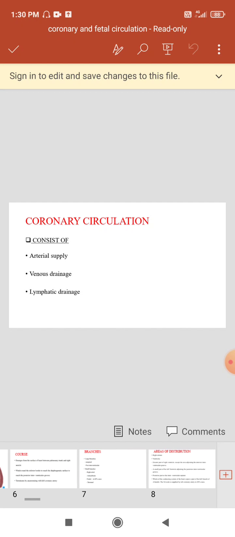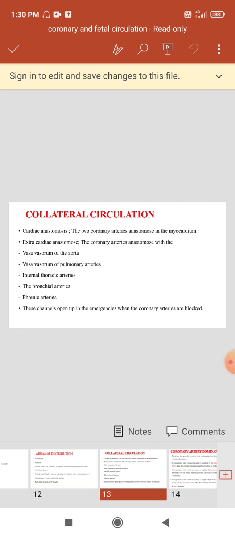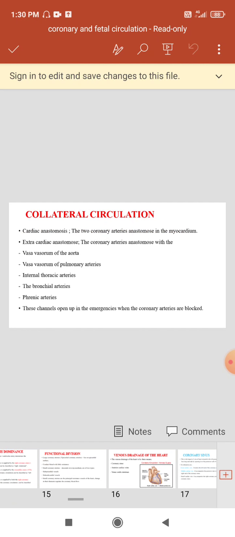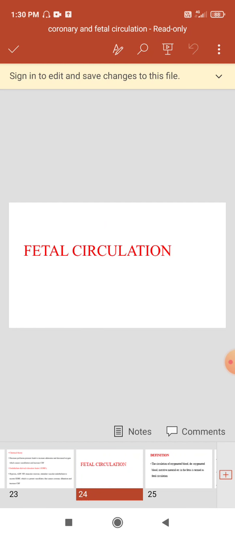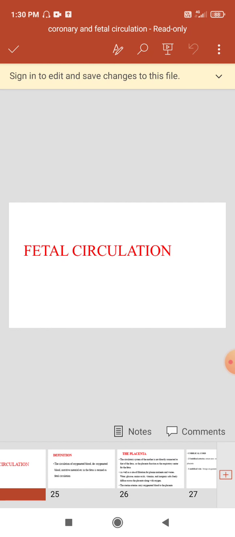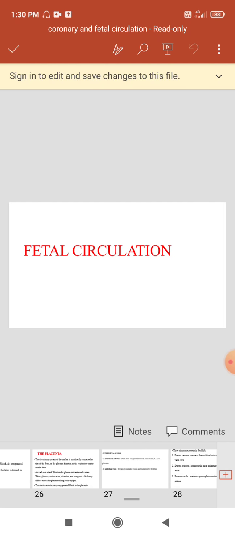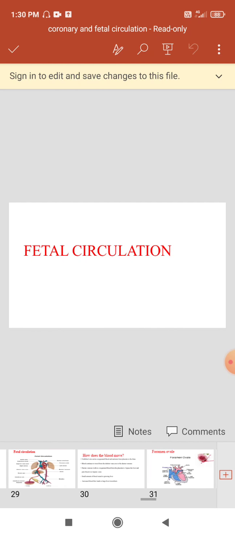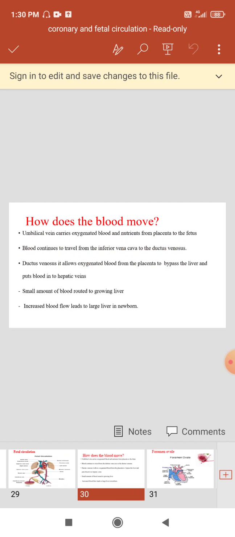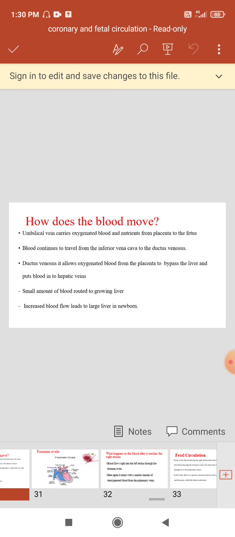Then we discussed the lymphatic circulation, collateral circulation, and autoregulation. Then in detail the fetal circulation: how blood is received in the placenta and how it comes, and the questions we had in mind about how the blood moves.